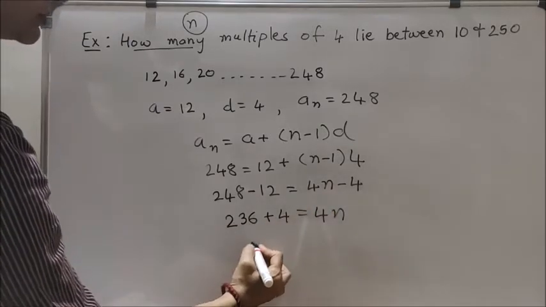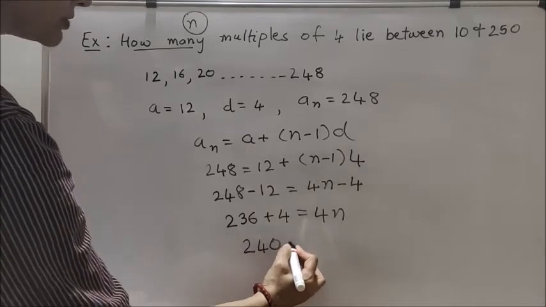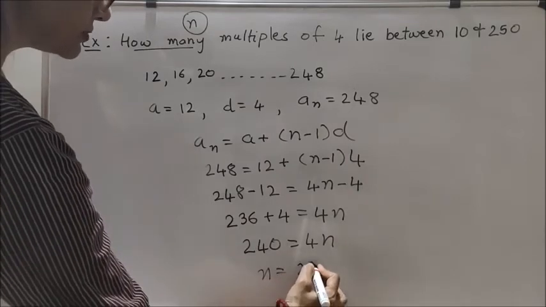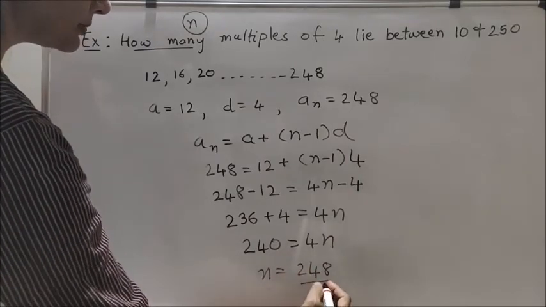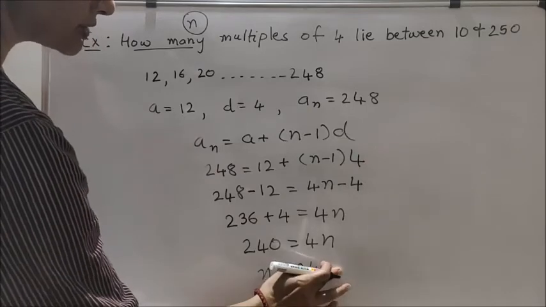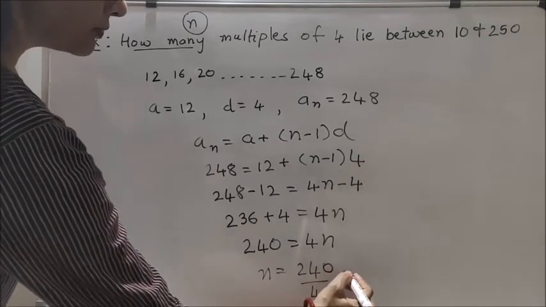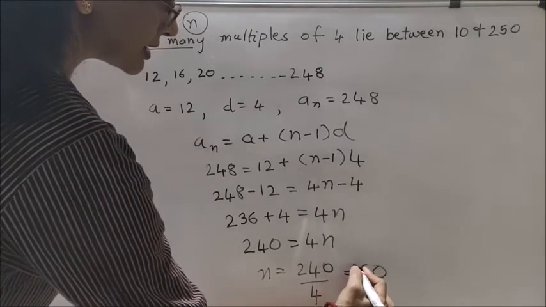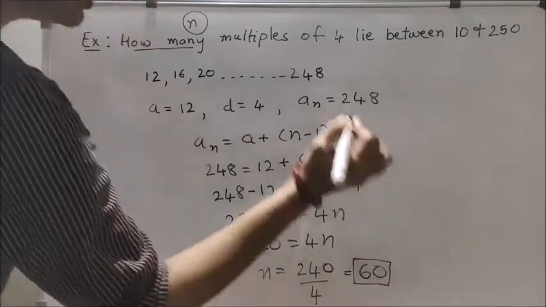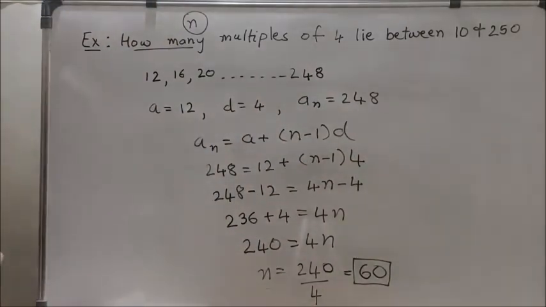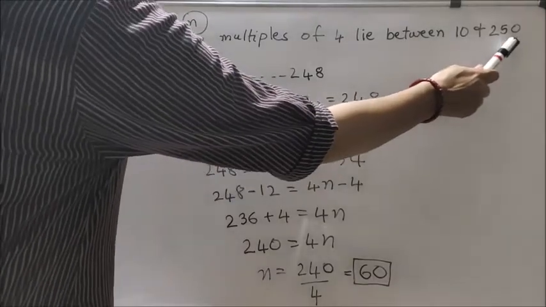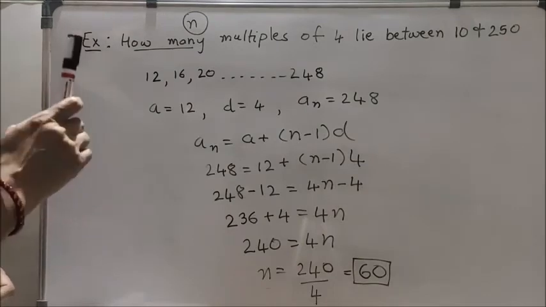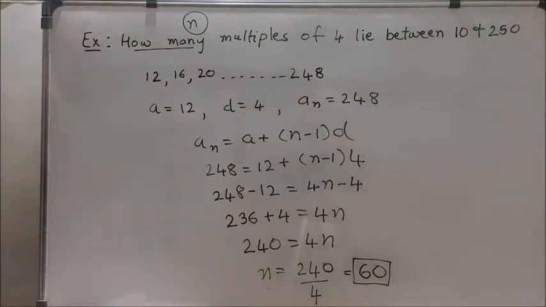That gives you 240. 240 is equal to 4N, and that gives you N is equal to 240 upon 4, which gives you 60. So what do we understand from this? That between 10 and 250, there are 60 multiples of 4. We'll see one more example.